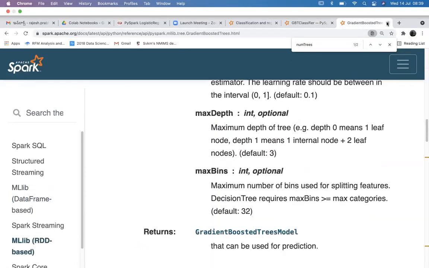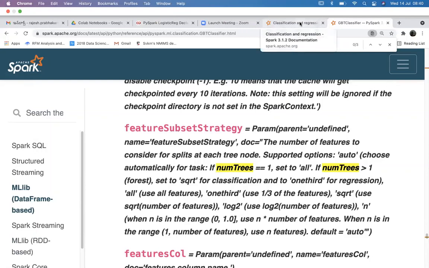So there are these things that we can take, like all or forest are the options. So if numTrees is equal to 1, it is set to all. If numTrees is more than 1, forest. Your feature subset strategy has to be one of these string values, all or forest, or like 1/3. These are the legitimate values you can give in the constructor of the function.